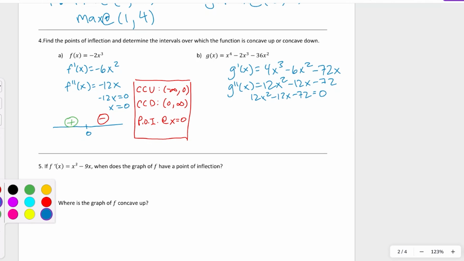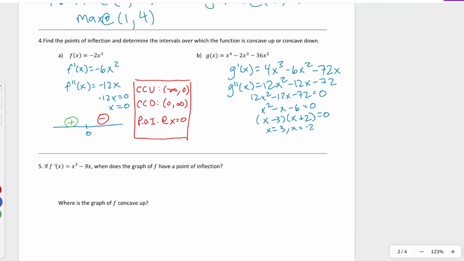I believe, let me just do a little mental math here. Yeah, it's 6. So if I divide everything by 12, I'll get x squared minus x minus 6 equals 0. In factored form, that'd be x minus 3 times x plus 2. And so now I can find my subcritical values, which are going to be at 3 and negative 2. So I'm going to create my little number line chart here.